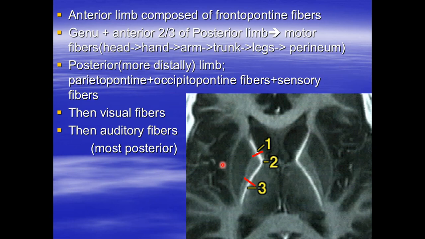Okay, we can see here a magnified view of the cerebral hemispheres, the axial images, and we can easily appreciate this is the thalamus here, and this is the lentiform nucleus, and this is the caudate nucleus, or the head of the caudate nucleus.